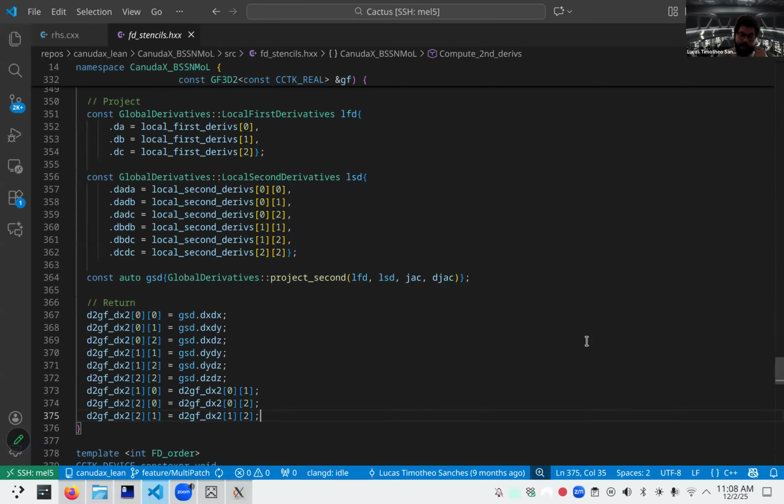You should just run through it and it should give you a nice waveform. There's also a very, very coarse binary black hole evolution in the tutorial server. Of course, you're not going to be able to do a production run in a tutorial server, but it should give you an idea on how you set up a head-on collision parameter file using multiple coordinate patches and CanudaX. And I think that's it.